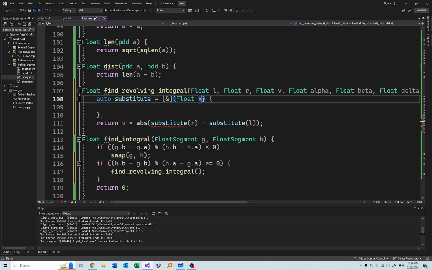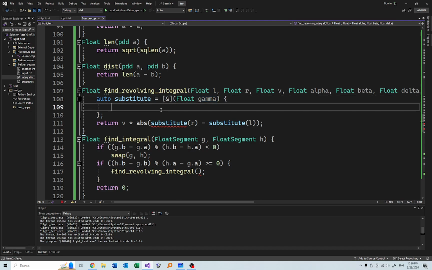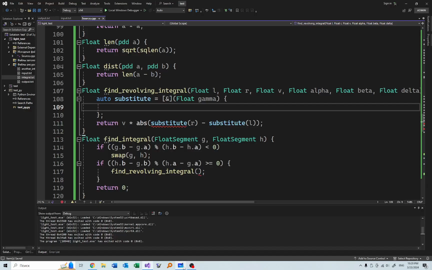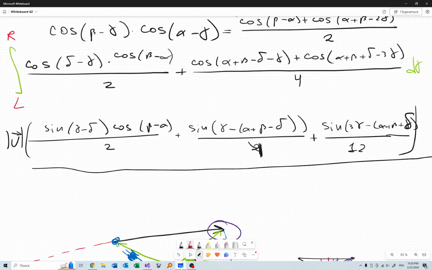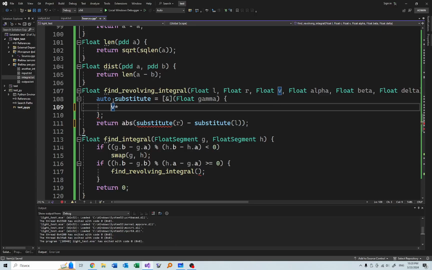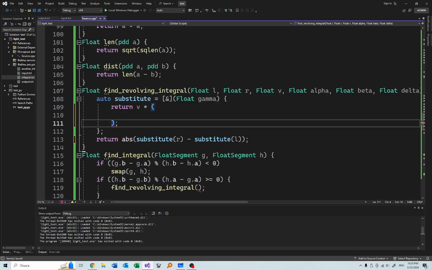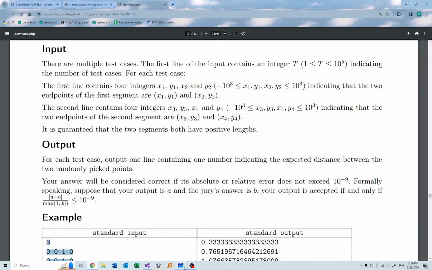Let's call it gamma, actually. And here we need to... Actually, I can put it here. So we have three addends.